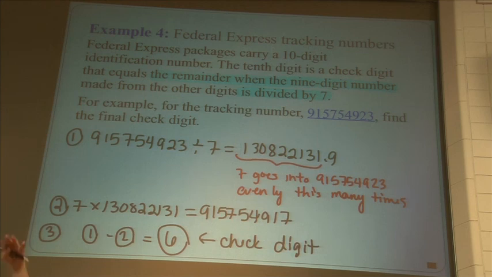That's how many times 7 goes into it evenly before you get a remainder. That's why in step 2 we took 7 times all of that stuff before the decimal. And if you look at the two numbers, you are pretty close to your original 9-digit number, right? To find your remainder, all you do is subtract and zero. In this case, we got 6. So the remainder is 6, which means 6 is the 10th digit in that tracking number.